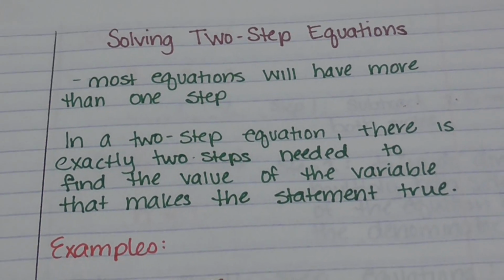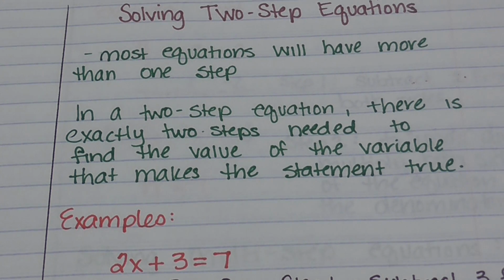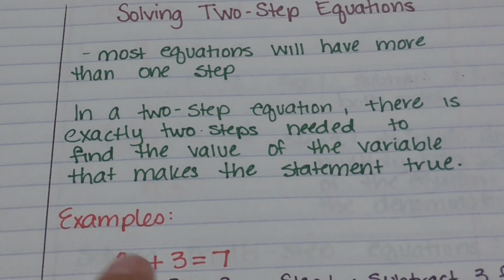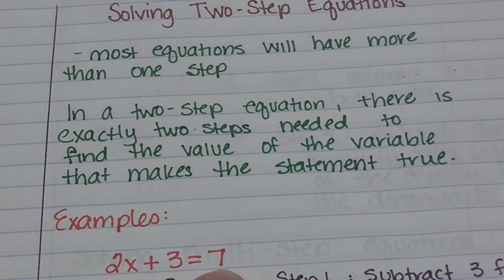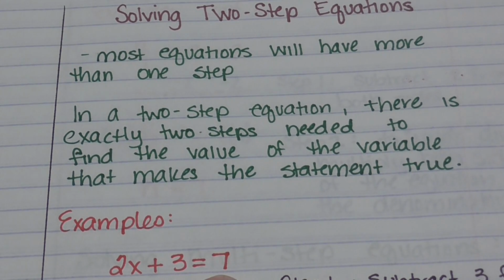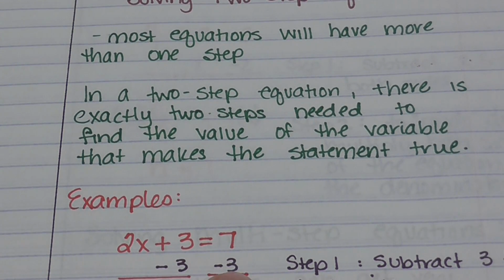An example of such an equation would be something like 2x plus 3 equals 7. The first thing I want to do is focus on getting x by itself. But if I go to divide by 2, I have to divide every term by 2. I don't want to divide 3 by 2, and I certainly don't want to divide 7 by 2. So what I'm going to do first is get rid of the 3. To undo plus 3, I'm going to subtract 3 from both sides.